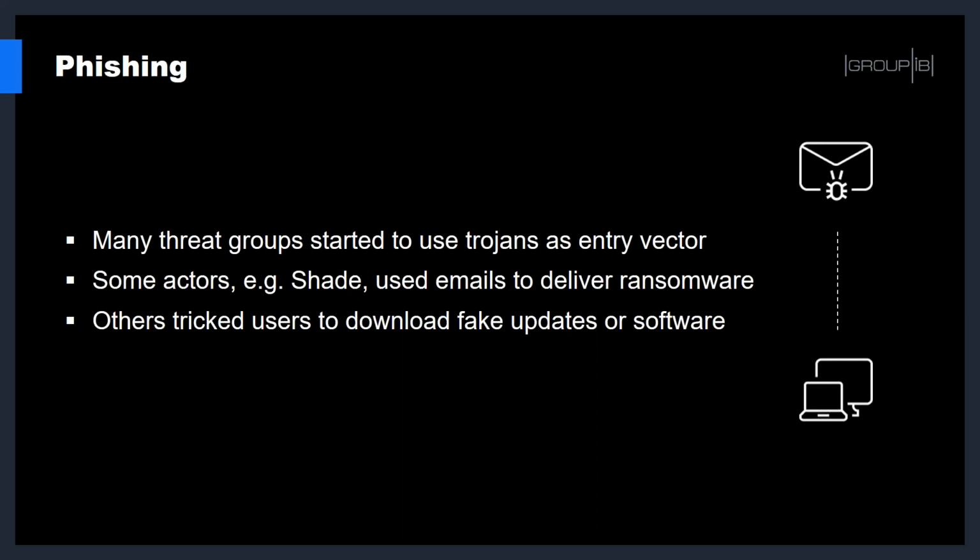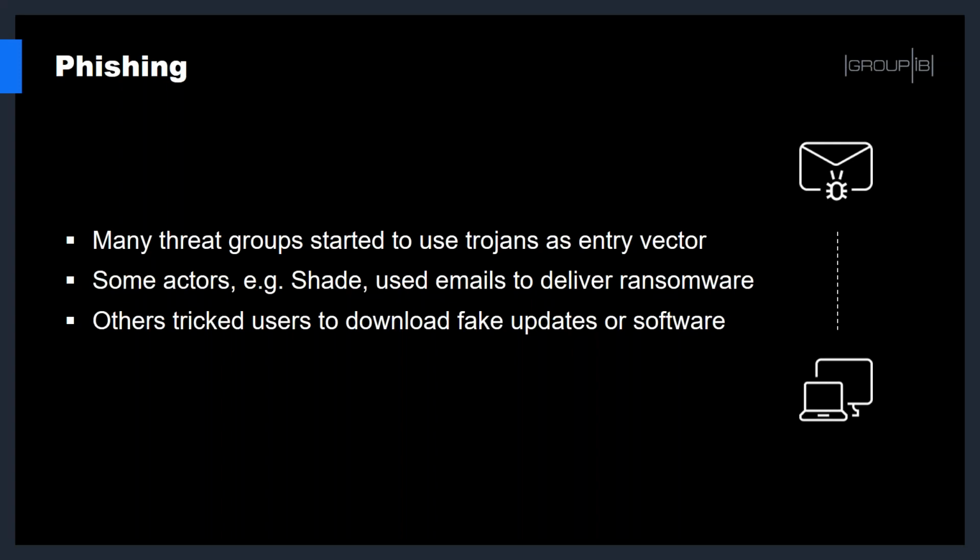But it's not all. Not only spear phishing emails were used to deliver ransomware. There are some other entry vectors which involved phishing as well. For example, the same operators that use Dridex and then deployed DoppelPaymer used another interesting technique.